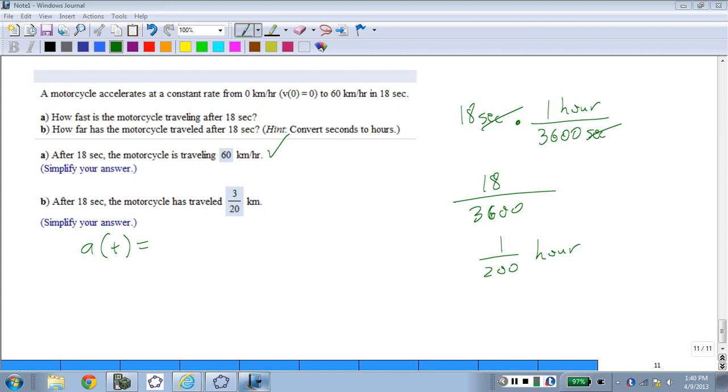What's 60 divided by 18? Divide them both by 6, I guess. 10 over 3. So 10 thirds kilometers per hour per second.